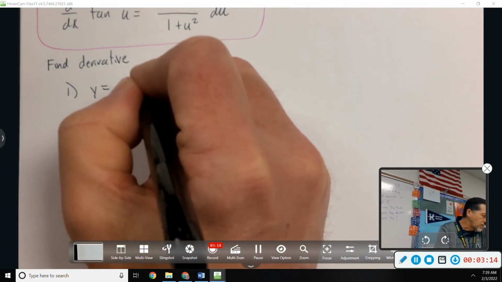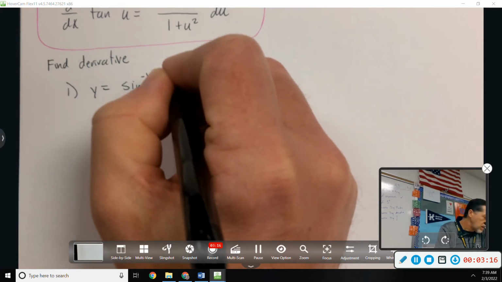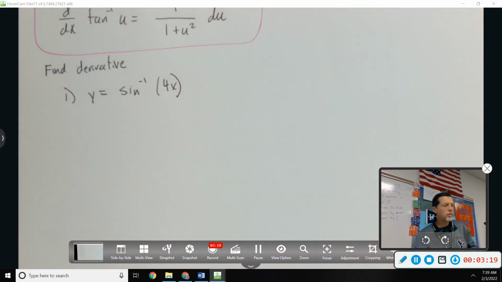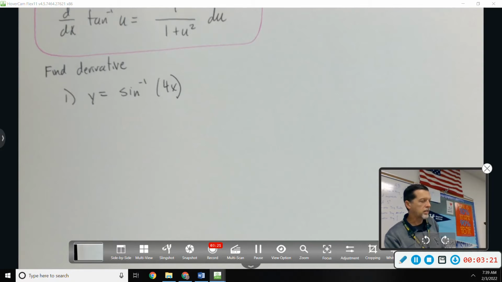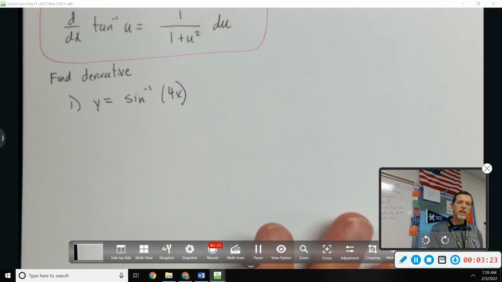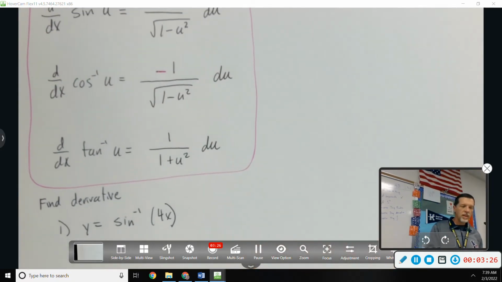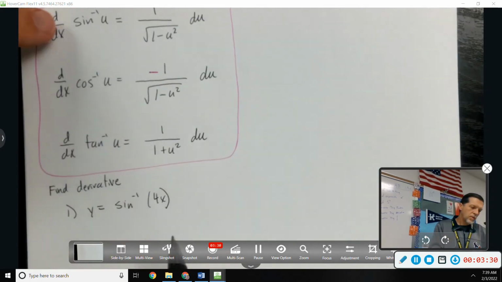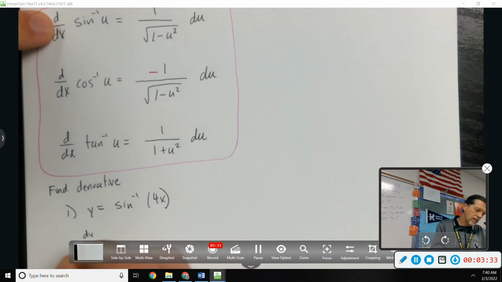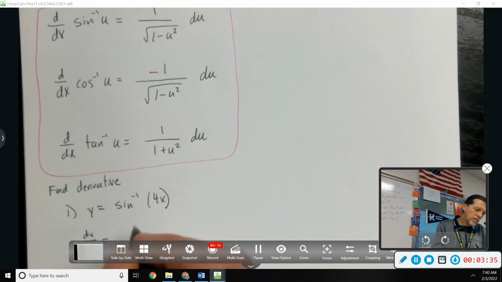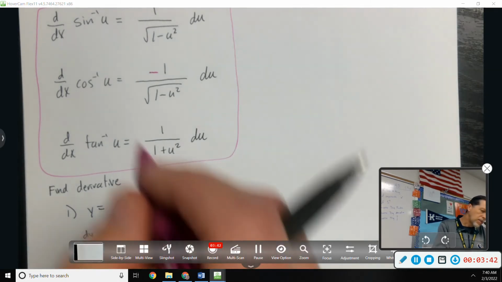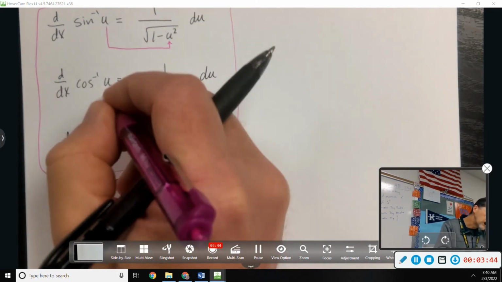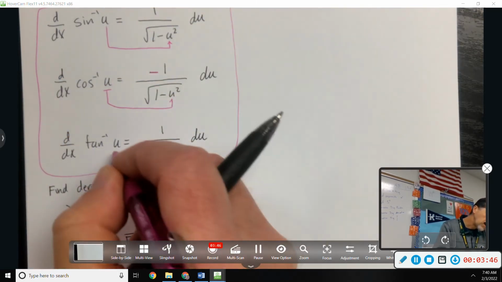So let's do some examples. Y equals inverse sine of 4x. Well, can't quite get it all on the screen at once. So the derivative is 1 over square root 1 minus the argument, right? Whatever the argument is is what goes in there squared, or what we square on the other side.